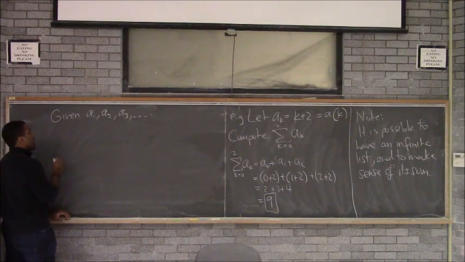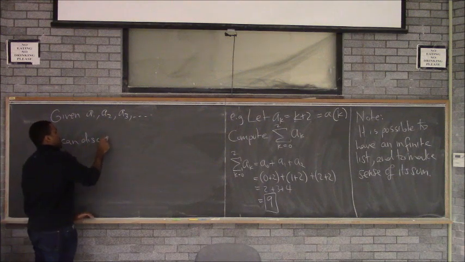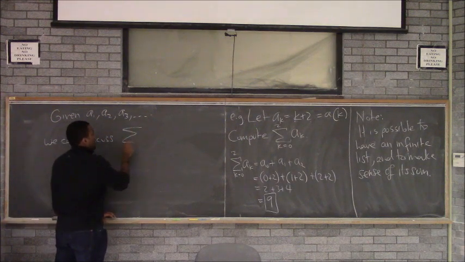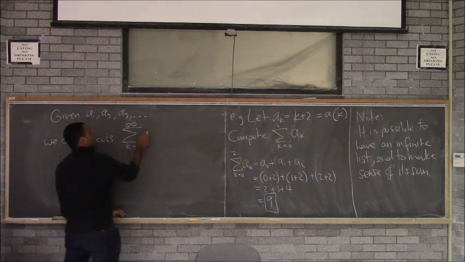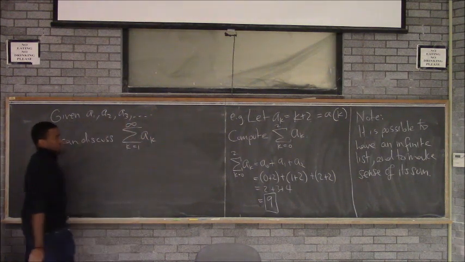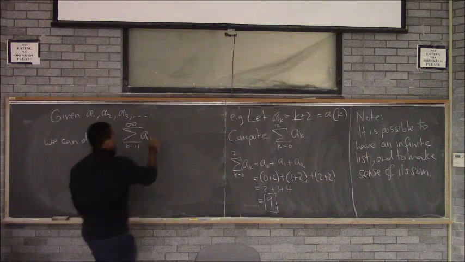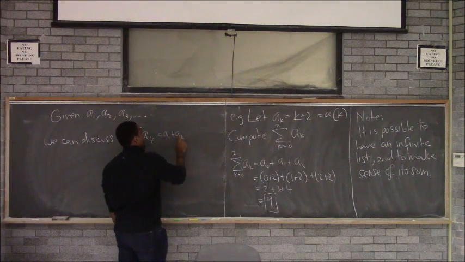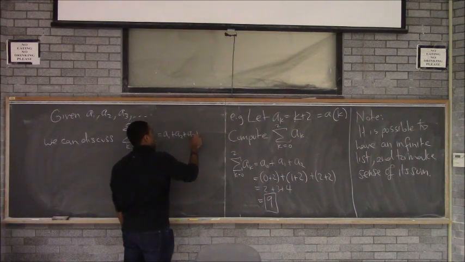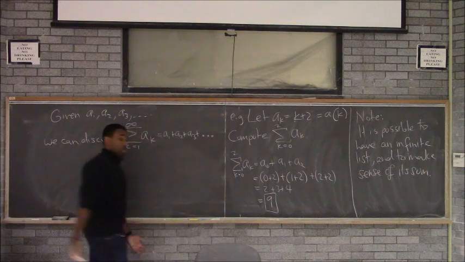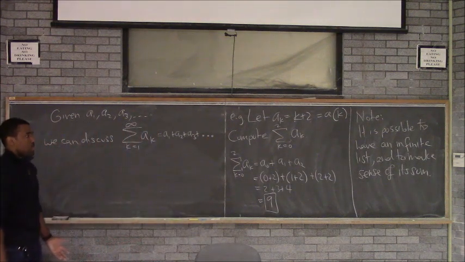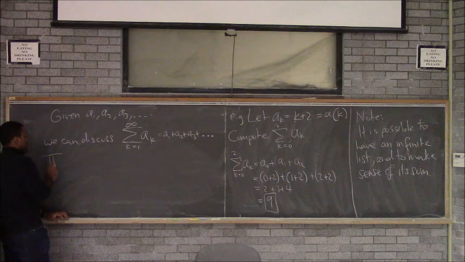And we can talk about the idea of adding up all of these numbers to infinity. Which means I'm going to take A1 plus A2 plus A3 plus, and keep going. Right? And I keep adding them forever. This is called an infinite series.